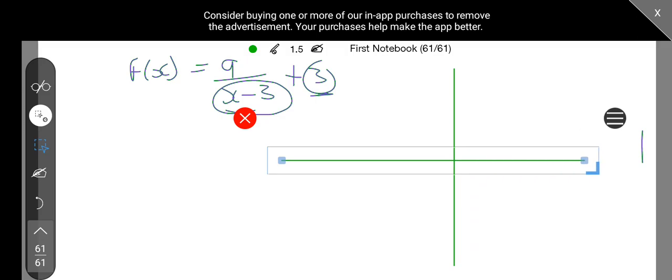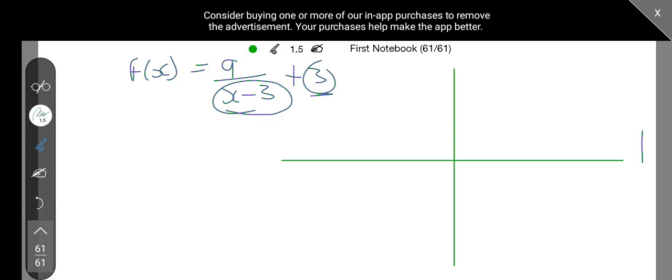Always make sure that your drawing is to scale. It's drawn with a ruler. So here is the y-axis and here is the x-axis. So what are the two asymptotes? The asymptotes, we always represent them by dotted lines. We said that the first asymptote, which is vertical, is given as x is equal to 3, and the other asymptote, which is horizontal, is given as y is equal to 3 as well.